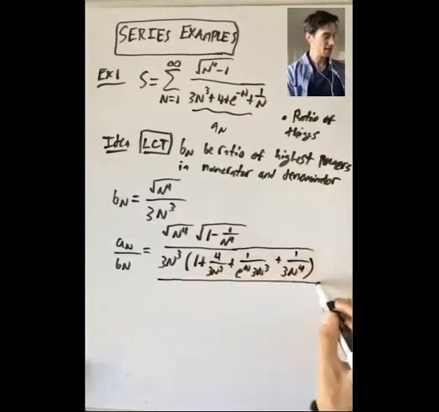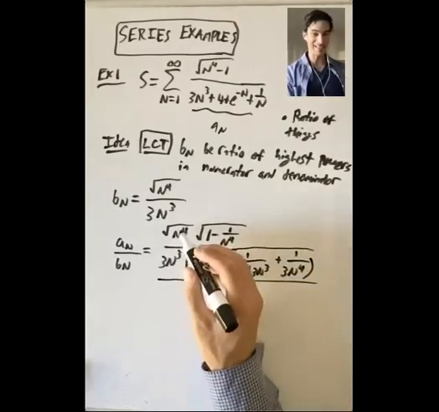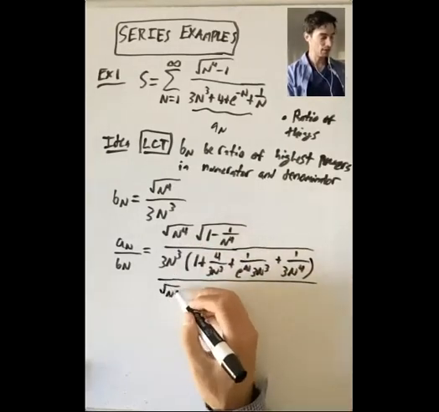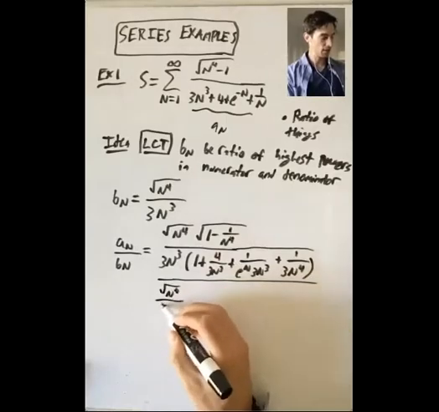We're going to take all that and divide by bn, which is this ratio, the square root of n to the fourth over 3n cubed.